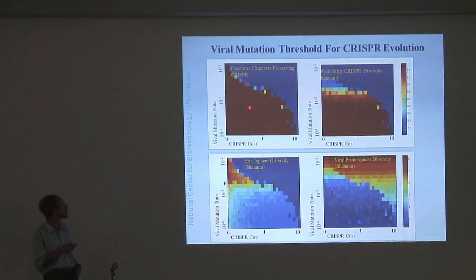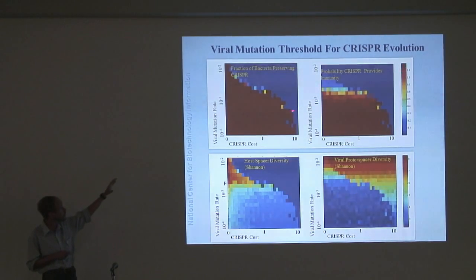An already somewhat interesting outcome is that we have this rather clean separation, whereby at some combinations of the CRISPR cost and the viral mutation rate the outcome of evolution is such that the maintenance of the CRISPR-Cas is beneficial relative to the cost, and it's preserved, this brown area. What is important here is this color contrast.